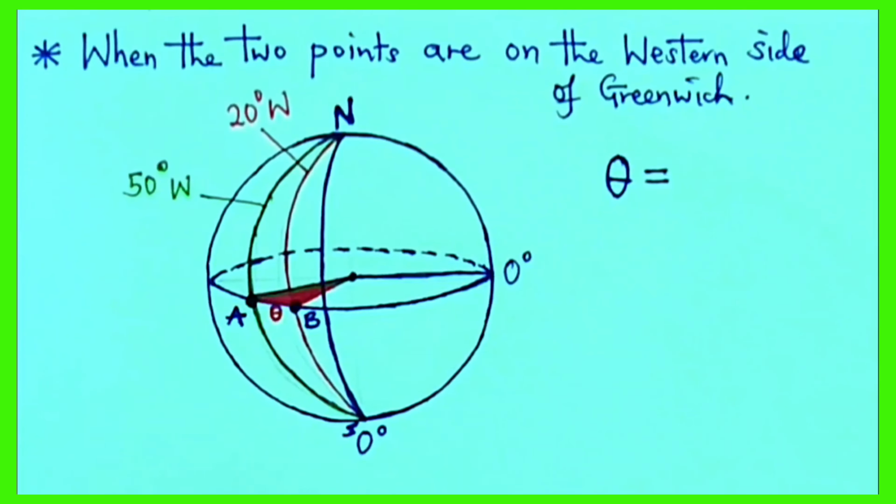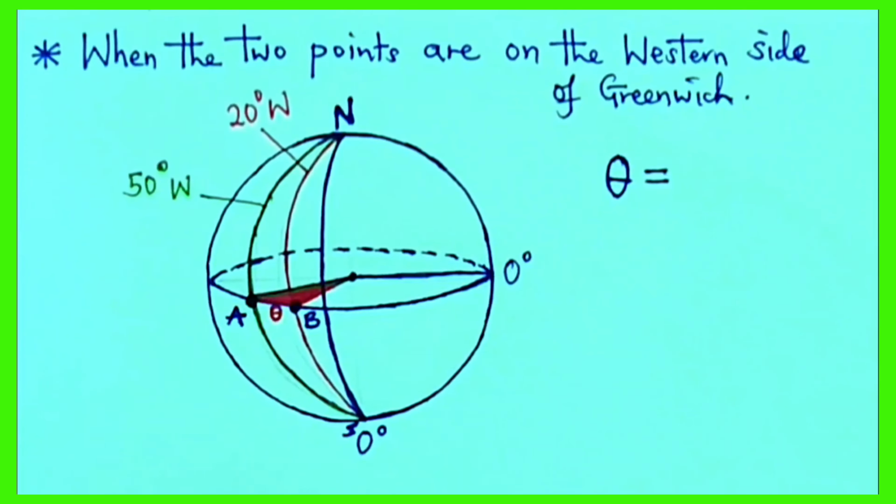When the 2 points are on the western side of Greenwich, so this is the Greenwich meridian here, 0 degrees, and then you've got 2 longitudes on the western side of it. There's the longitude 20 degrees west and there's the longitude 50 degrees west. So this is how we find the point A and B. So theta is simply found by subtracting.